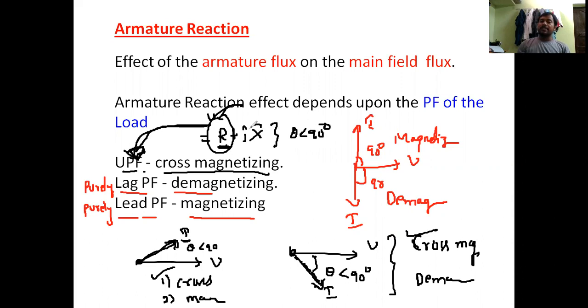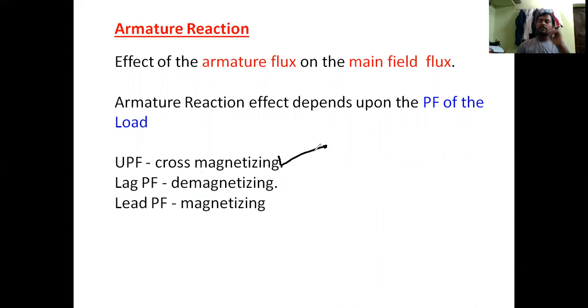So this X may be an inductive load or a capacitive load. Based on inductive load, this is demagnetization effect. If it is capacitive load, cross magnetization effect. If theta is less than 90 degrees, compulsorily cross magnetization will take place.